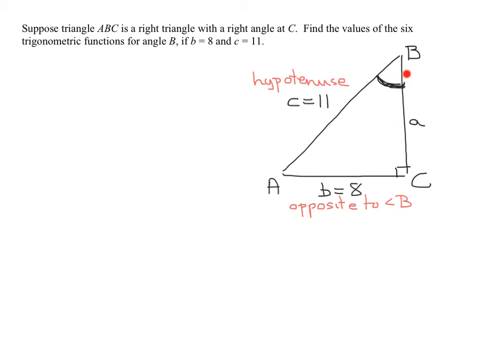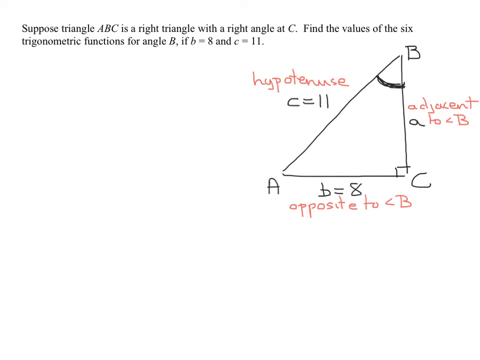So little a is the side that is adjacent to angle B. So now we're going to find all 6 trig functions using the definitions of opposite, adjacent, and hypotenuse. But before I can do that, I need to know all 3 sides. I know b, I know c, I've got to find a.